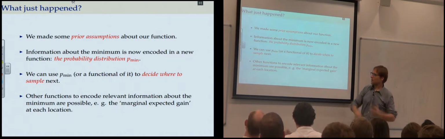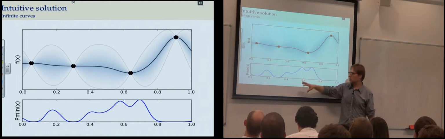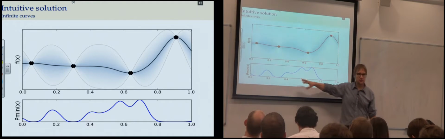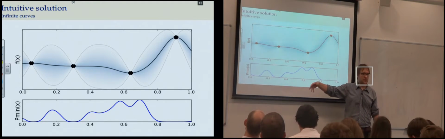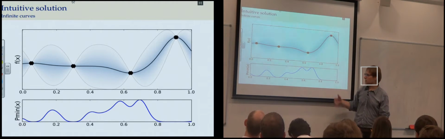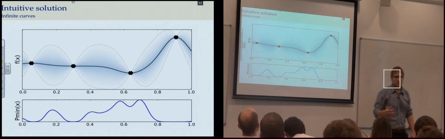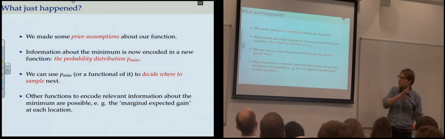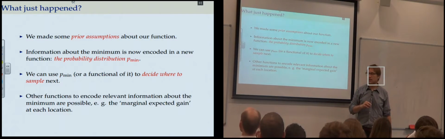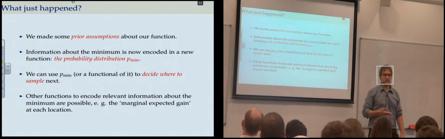So now if we come back to the previous slide, what we can do is to say, well, I have this probability distribution that is now representing my beliefs about where the minimum of the function is. So I can use this probability distribution or a functional of it, like it's done in entropy search, but I will mention this later, to make the decision of where to make the next evaluation of the function.